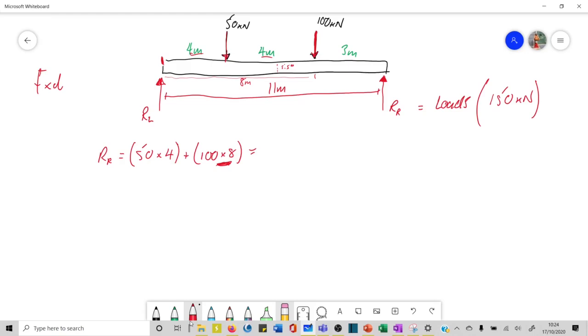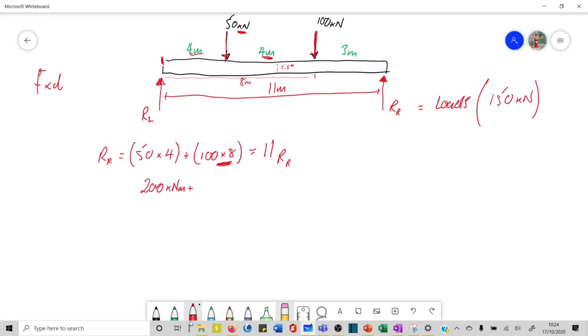And then that equals, obviously the span is 11, so it equals 11 times the right reaction. It's simplified here when you say 50 times 4 is 200, and it's kilonewton meters, because we're multiplying kilonewtons by distance in meters.